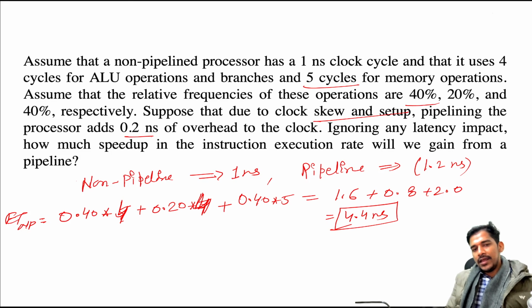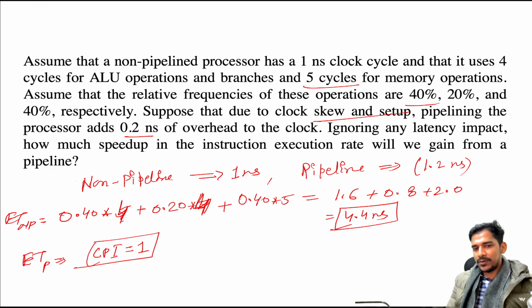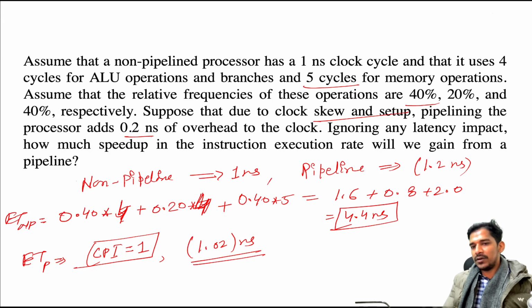And you know that in case of pipelining, the CPI is 1. That means it takes only 1 cycle to execute per instruction, right? CPI is 1 in case of pipelining processor, and the cycle time is 1.2 nanoseconds. When the number of instructions is not given, you know how to calculate the speed up.